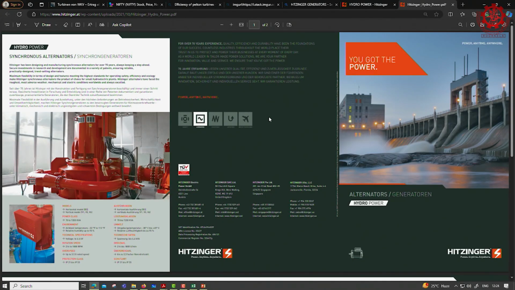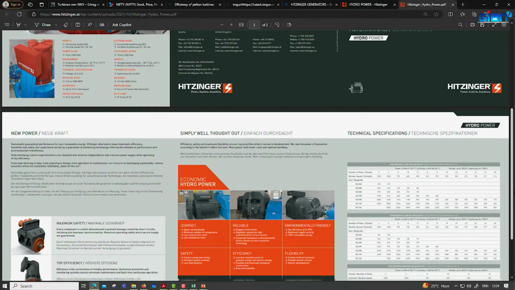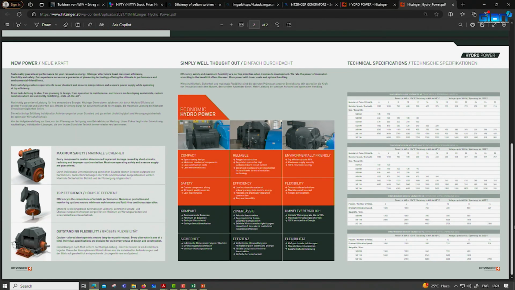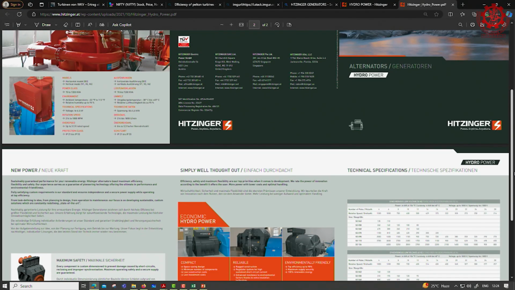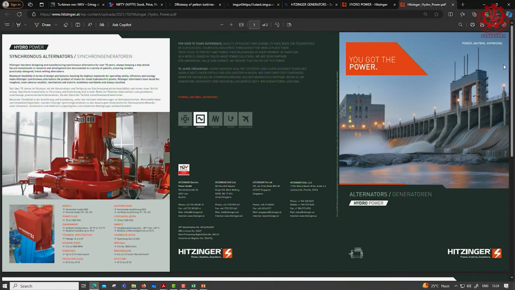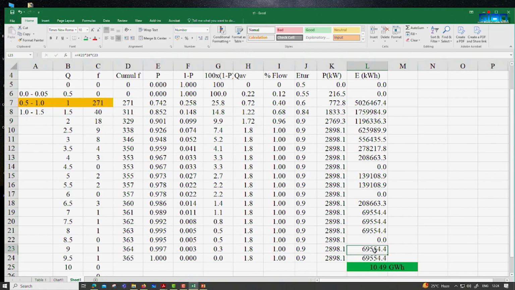I just looked at their brochure, but I do not know whether it has any efficiency curves. Here are some numbers which I cannot read, but sometimes good manufacturers indicate their efficiencies. So, you can get the generator efficiencies and incorporate them into our Excel sheet if you really want to make it more accurate, and for the transformers also.